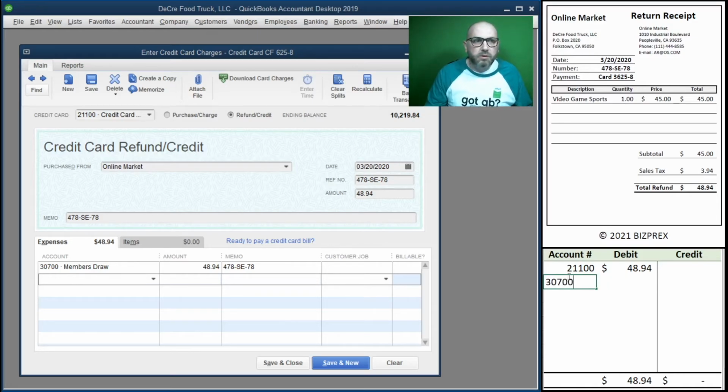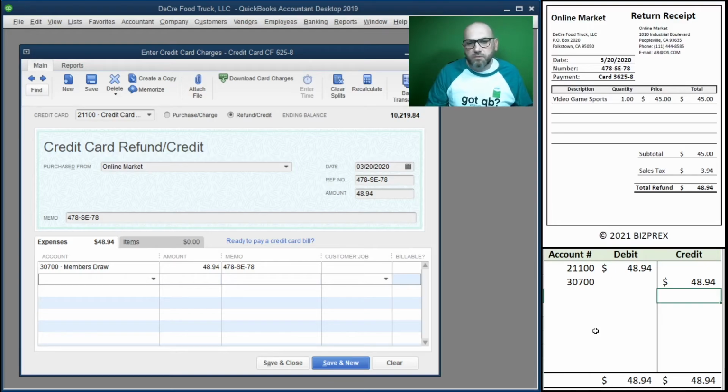Since our debt got reduced, in a way, we returned a personal item that we purchased, and that item was used to reduce the debt, our equity went up, right? We reduced our draw, but again, the 3700 MEP draw account is an equity account, and in this case, when we credit it, it goes up. So what happened? Our liability went down, and our equity went up.